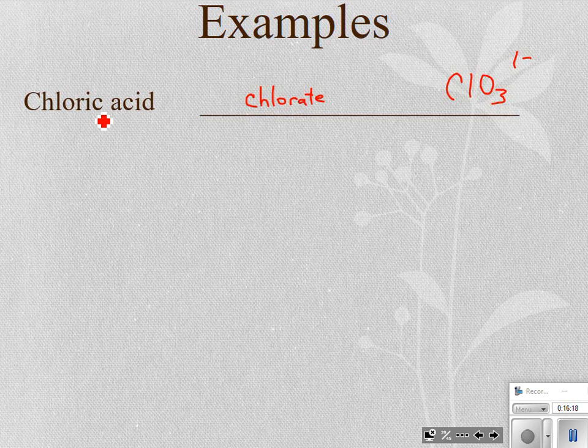We haven't talked about this yet, but the number of hydrogens that go with this corresponds to the negative charge of the anion. Since we only have a 1 minus here, how many hydrogens are we going to need? 1. So, the correct answer for chloric acid is HClO3.